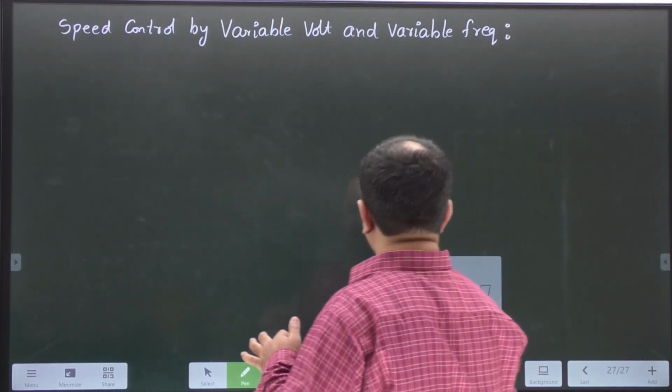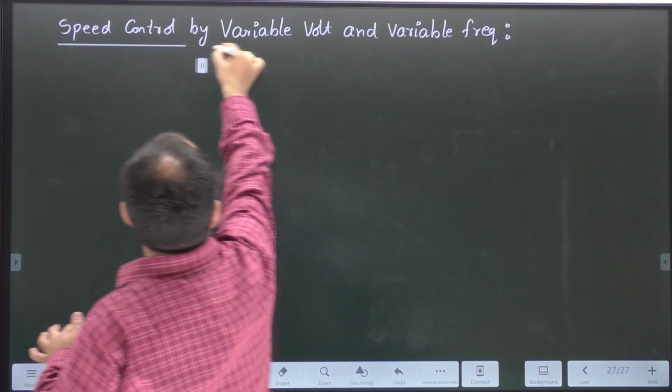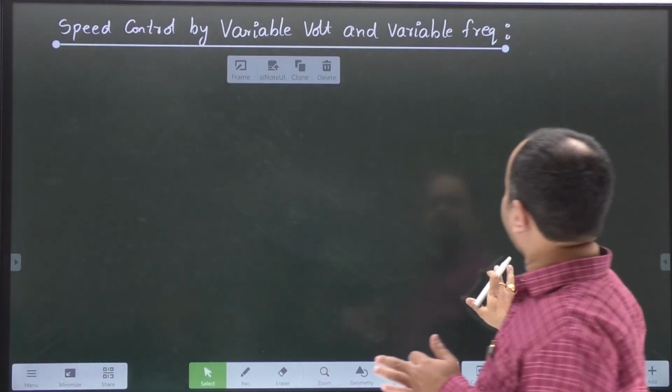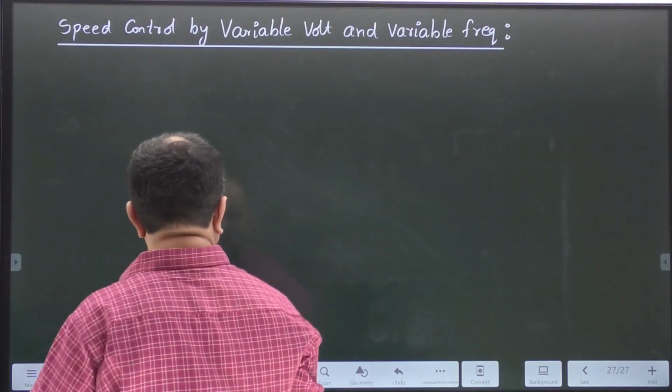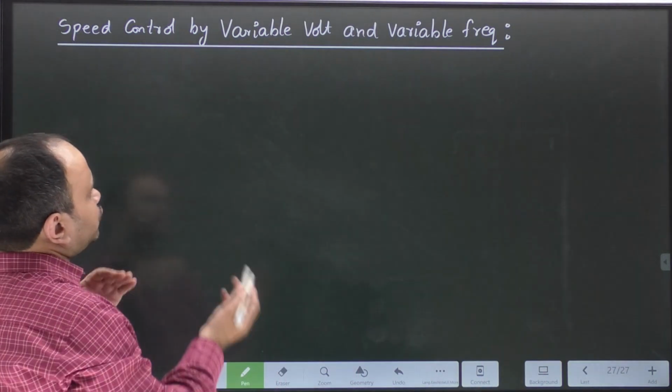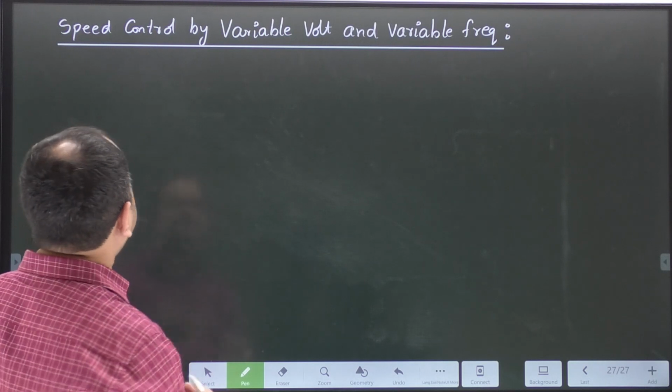Variable voltage and variable frequency. Okay, so in this case, why we need to control both voltage as well as frequency? Let us see.